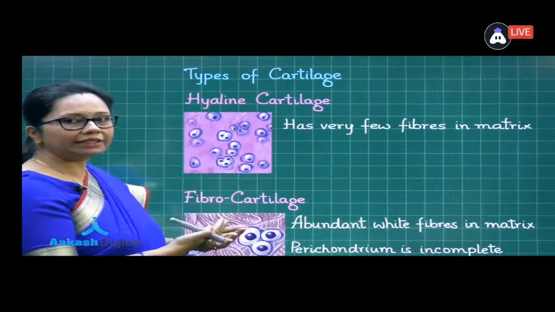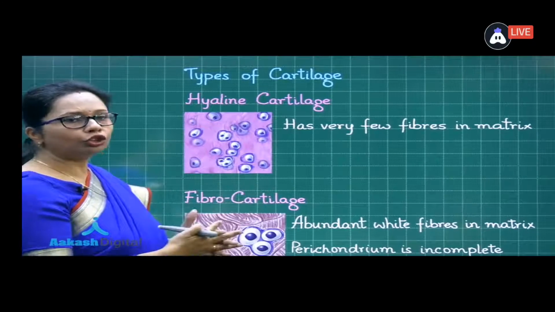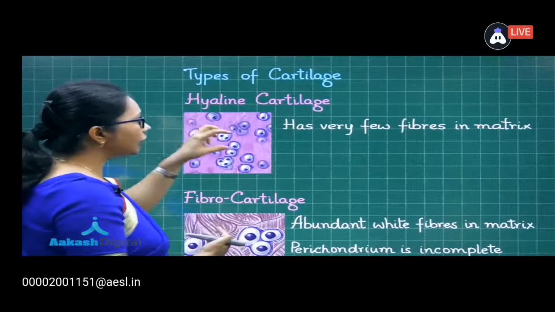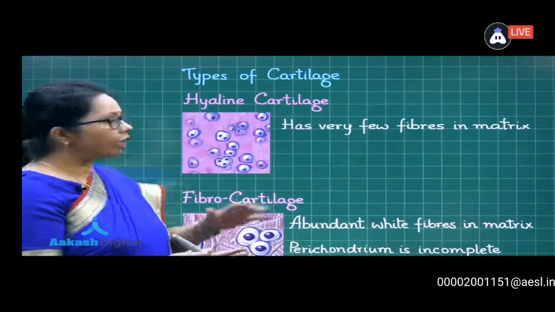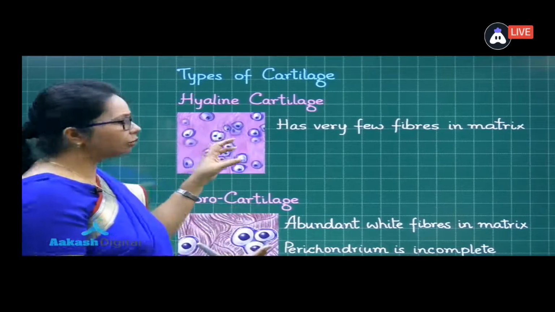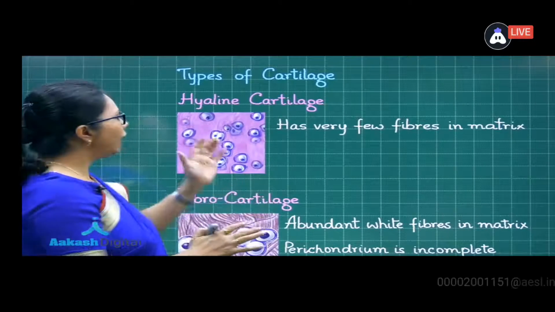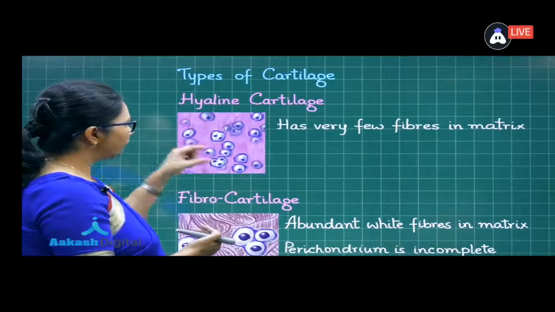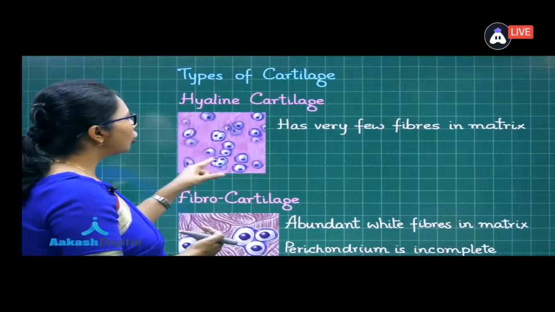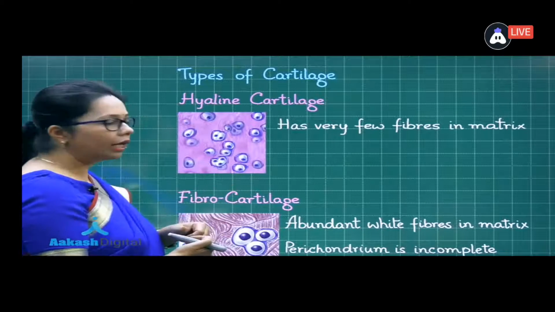Because when we see it in section, it appears almost translucent, and the reason is that there are very few fibers in the matrix. The fibers are there, white collagen fibers are there, but they are very, very few, and that's why it appears translucent in the section. And rest we can see these chondrocytes present inside their lacuna.